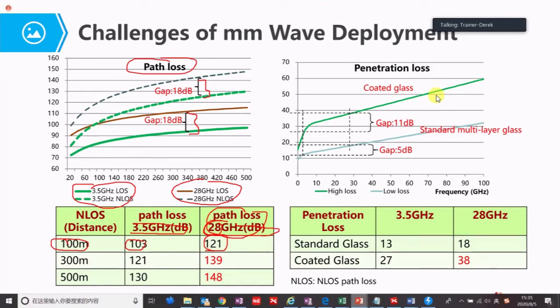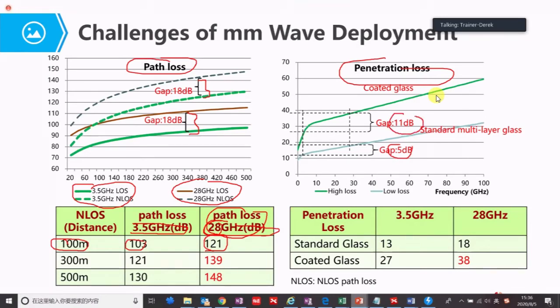And because of the path loss and penetration loss. You can see that this one is 5 dB, and more is 11 dB.